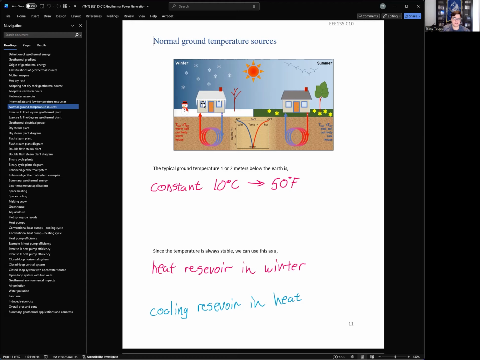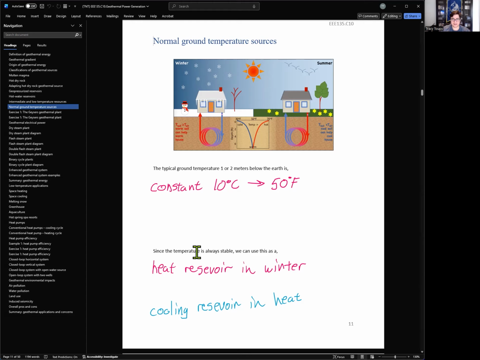In the summer, on the opposite side, if we have 100 degrees Fahrenheit outside the house, like we do here in Turlock, it might be nice to pump 50 degree Fahrenheit water into the house to cool off the house if you have a bunch of pipes everywhere, okay? So you're basically just using the temperature in the ground as a reservoir, we call it.